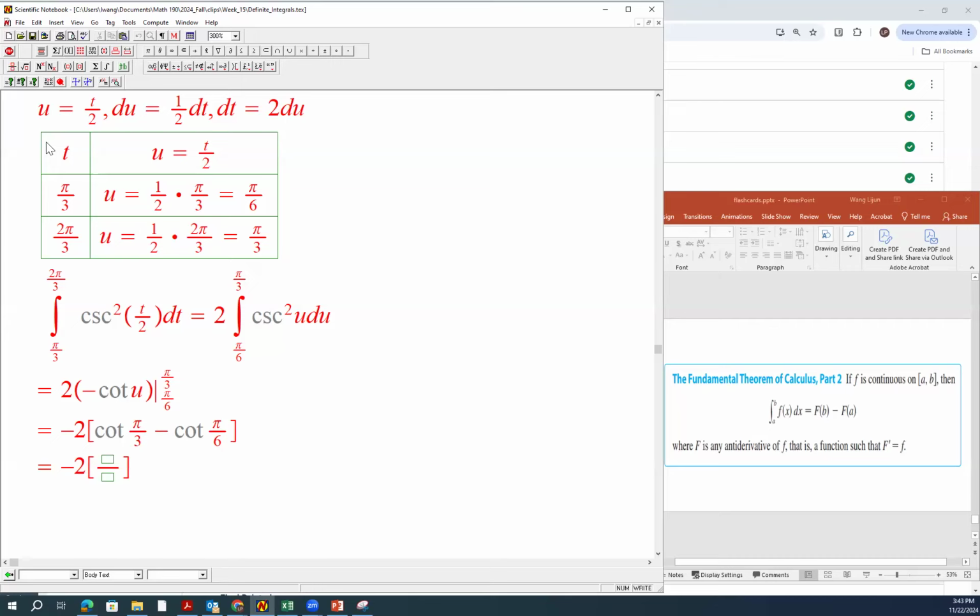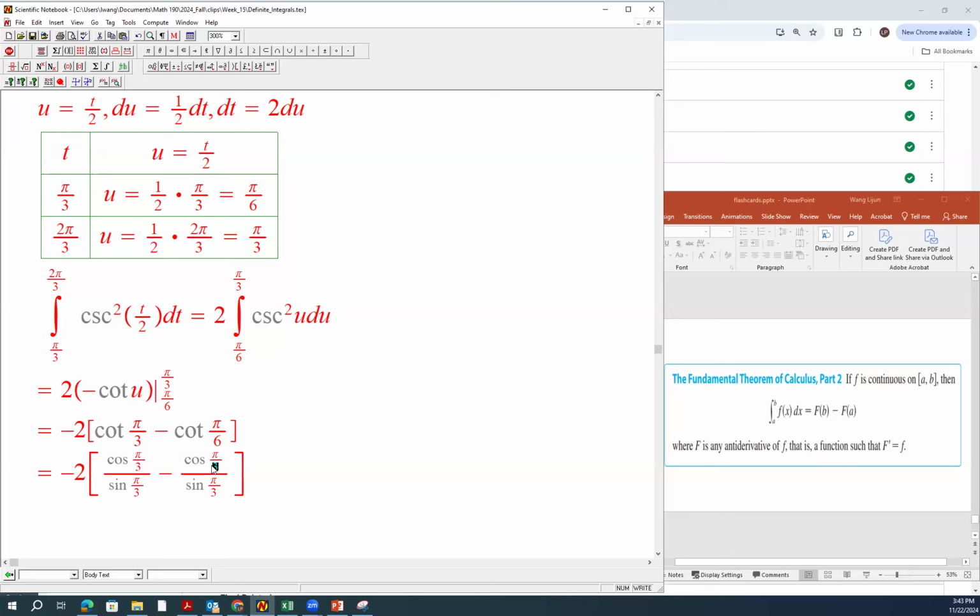Cotangent pi over 3 is cosine pi over 3 over sine pi over 3, subtracting cotangent pi over 6.